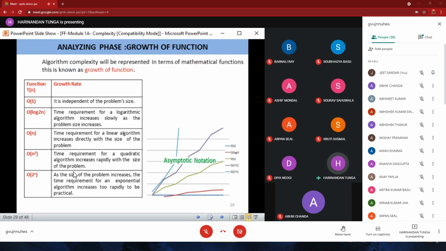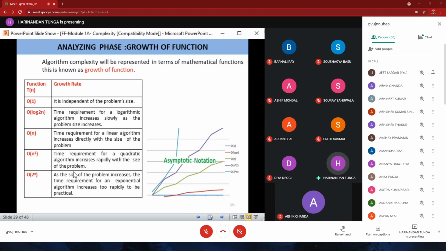Now some growth rate functions are mentioned in this slide. Before discussing each growth rate function, what do you mean by growth of function? The algorithm complexity represented in terms of a mathematical function is known as the growth of function.